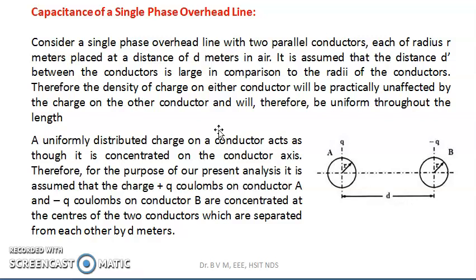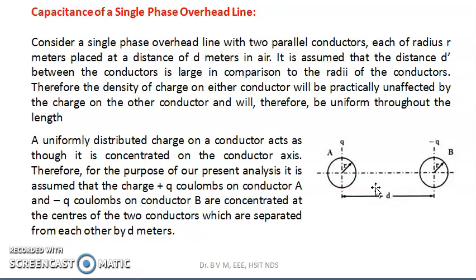Okay, let us understand this. Consider a single phase overhead line with two parallel conductors, each of radius r meters, placed at a distance of d meters in air. It is assumed that the distance d between the conductors is large.